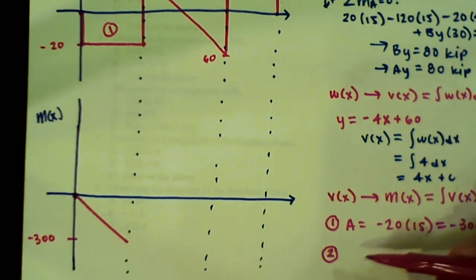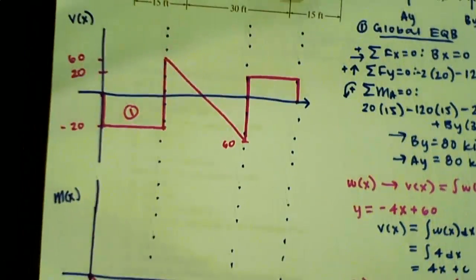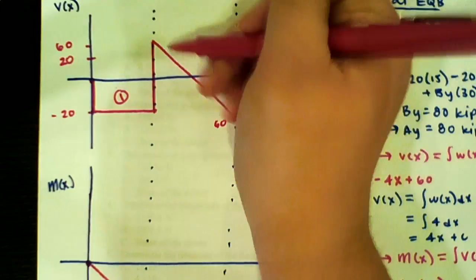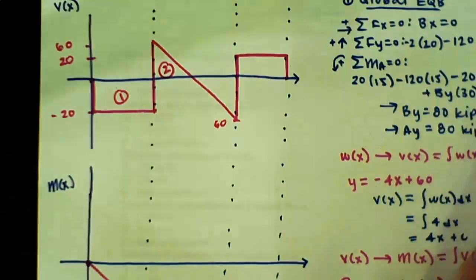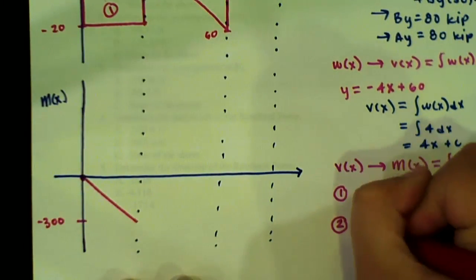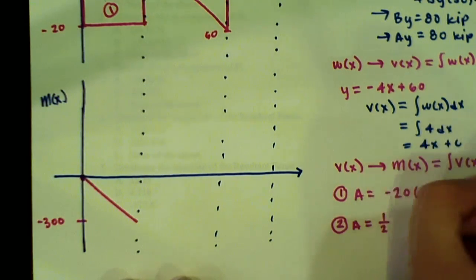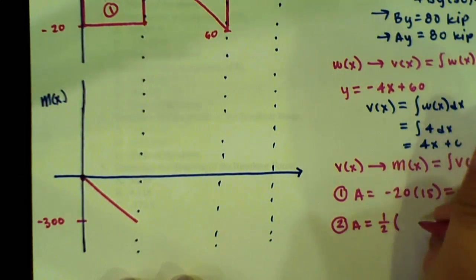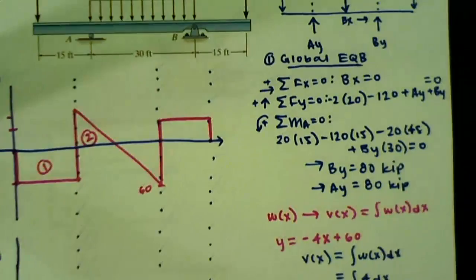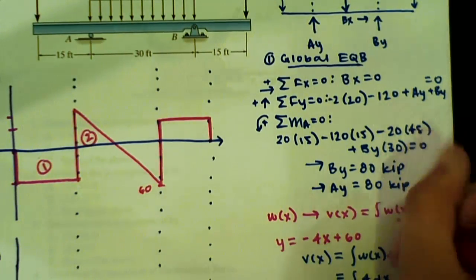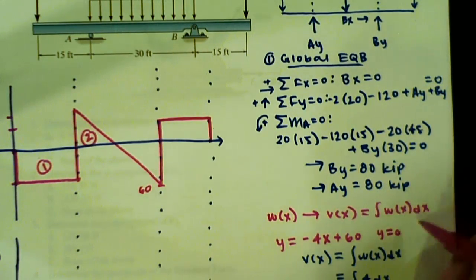Now for section 2, you can do the same exact thing. We know that we have a triangle here. This is our section 2. The area of that triangle is going to be 1/2 the base, which we can find by plugging in y equal to 0 into our equation there.